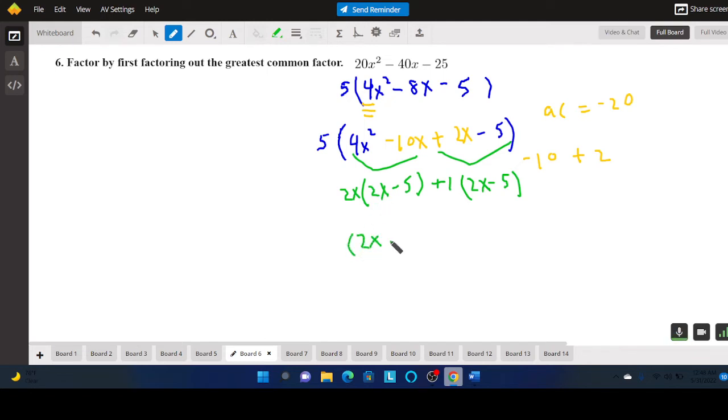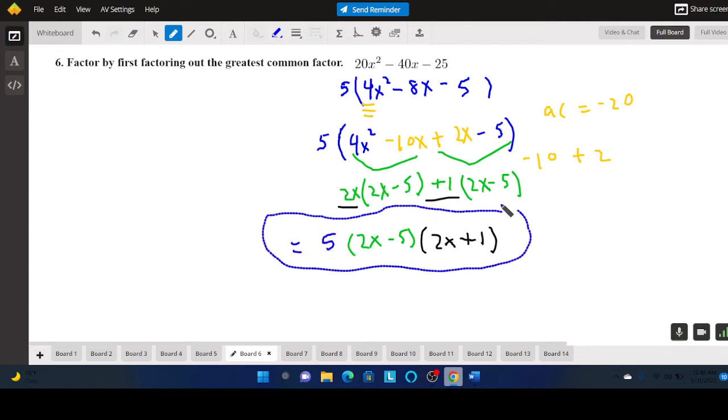You expect those to match. What is remaining? 2x plus 1. That becomes the other factor. And what are we keeping? The 5 at the beginning. So this is now factored completely.